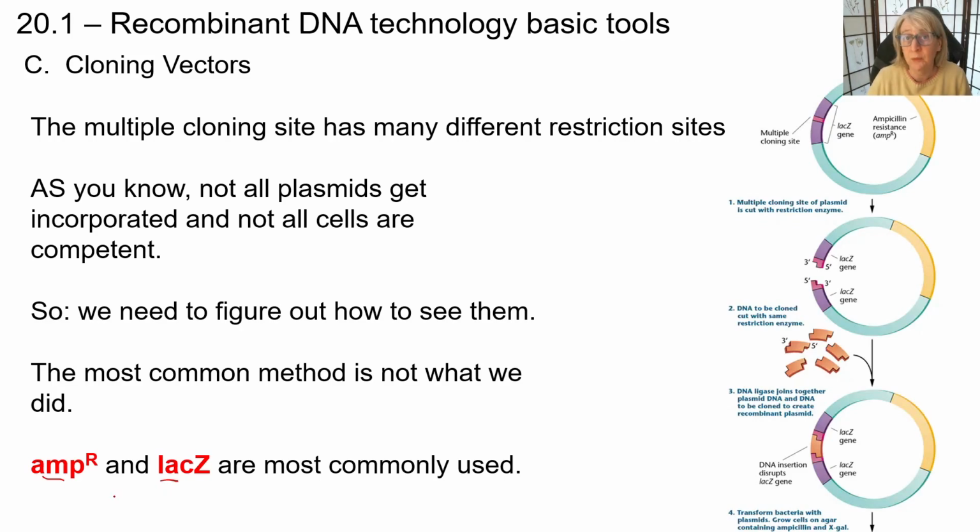I will explain more about the operons on lactose metabolism in bacteria later, but for right now, this gene, LAC-Z, controls lactose metabolism in bacteria. It takes the lactose, which is a type of sugar, when exposed to the bacteria, and splits it into two different monomers, or two smaller pieces of sugar.